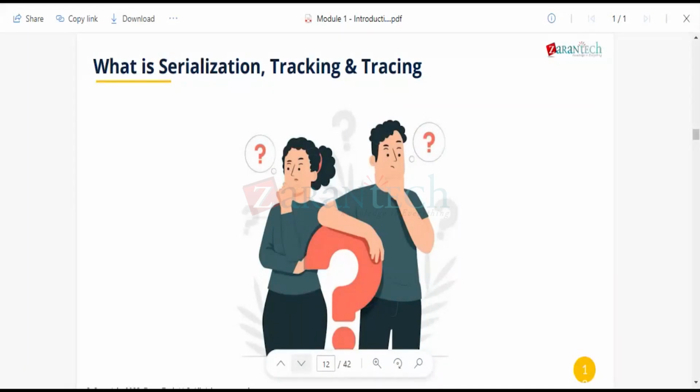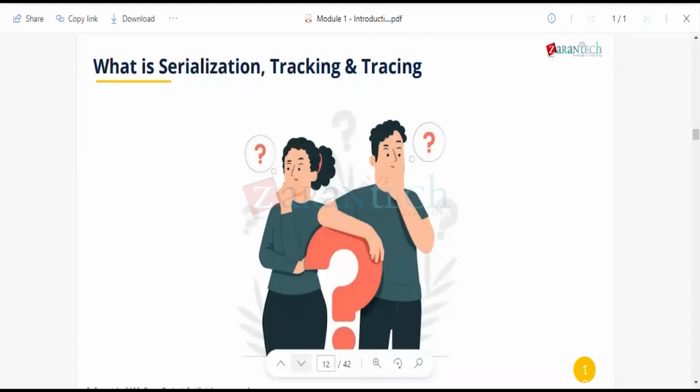But here in pharma, we have drug products. All of you are correct. Take a simple example of our laptop. In your company, every laptop or desktop has a code assigned. With that code, it is trackable and traceable, so which resource is associated with which computer can be easily understood.